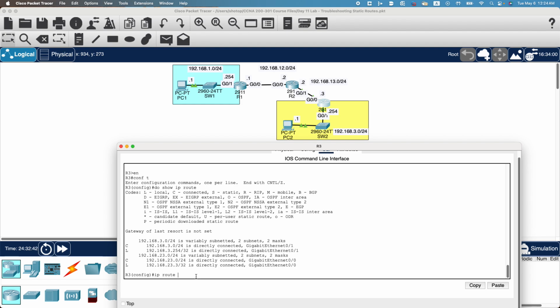So IP route to get out to 192.168.1.0/24, you go via 192.168.13, or I can just say go out your G0/0 interface.